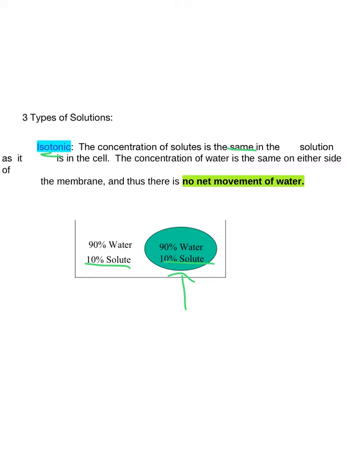But we know that water can get across. Since you have the same concentration of water on this side as on that side, sure, water molecules may leave the cell, but just as many water molecules are going to enter the cell. So in an isotonic solution, the cell should be in equilibrium with respect to water, with no net movement of water either going inside or outside the cell.